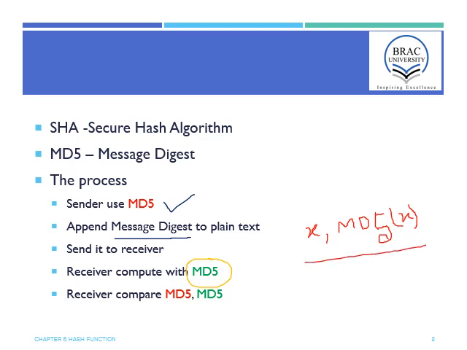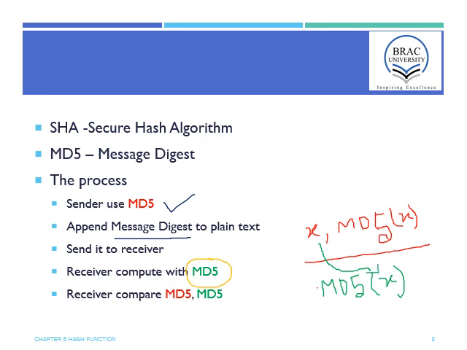So the receiver receives this message. Again, he knows that this is an MD5 operation, so he creates an MD5 of X. How do we get this X? Because the sender sent it to him.